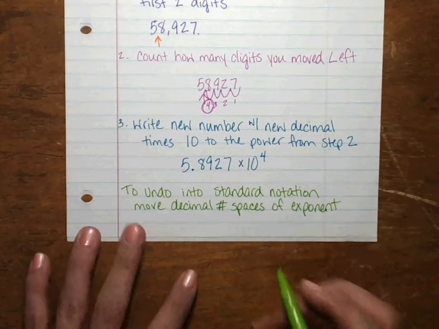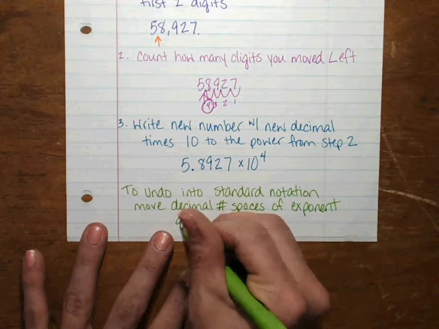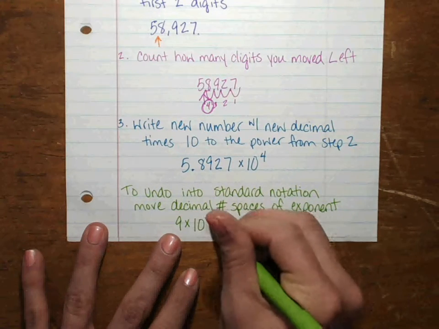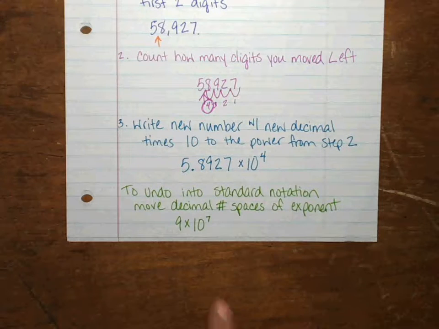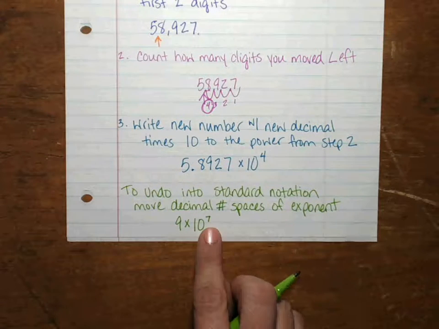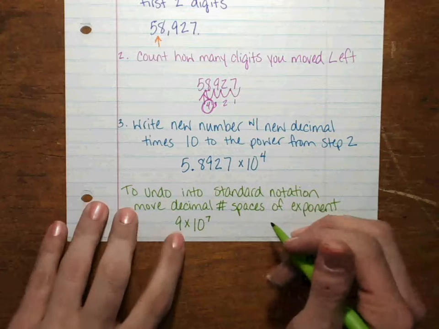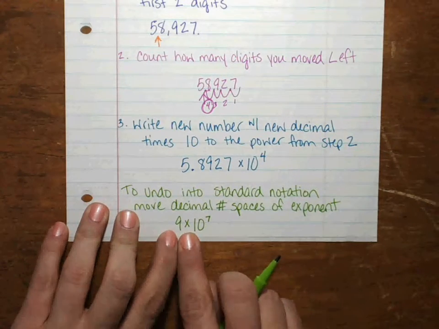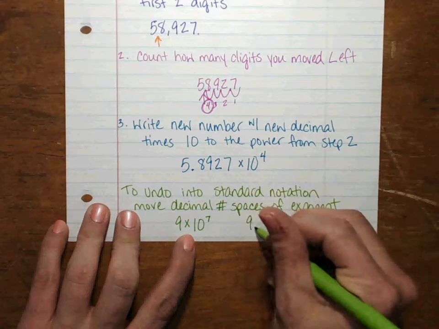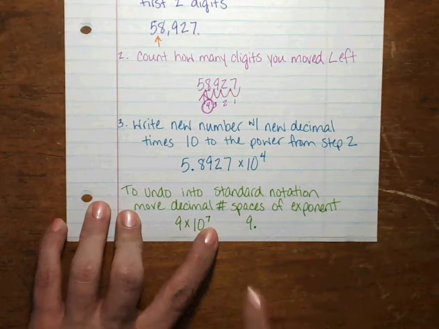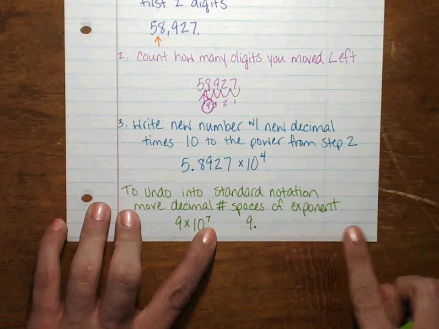What that means is if I had 9 times 10 to the 7th, what is the exponent? 7. And where is the decimal in the 9? It's on the right. So I've got 9 point, and I need to move it 7 spaces to the right.